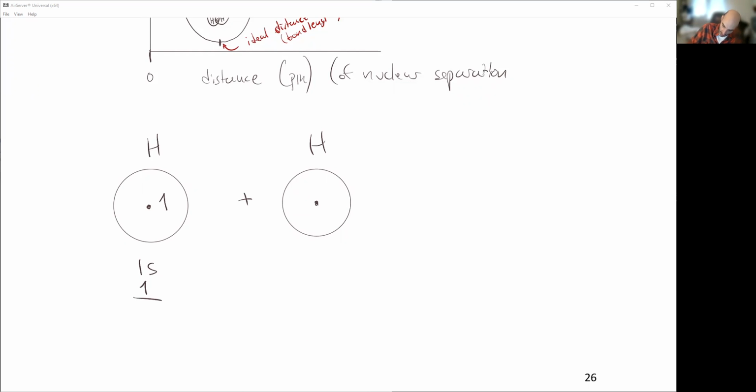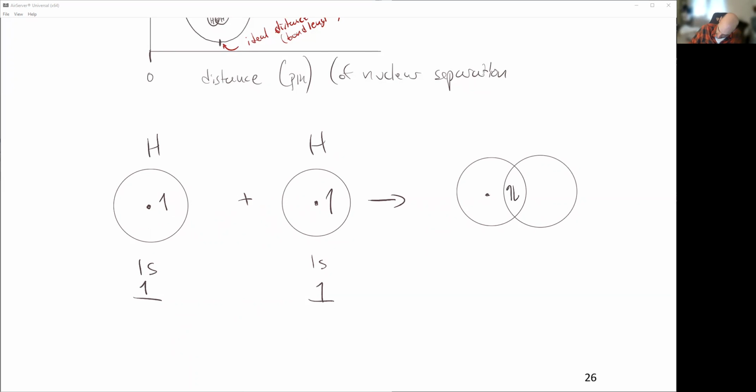Again, it's got that spin up electron as well, and it is also 1s. So when I overlap these two things, essentially we're going to create a bond between the two of those, where they share the electrons in between.